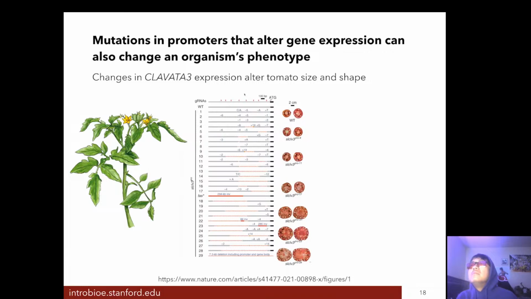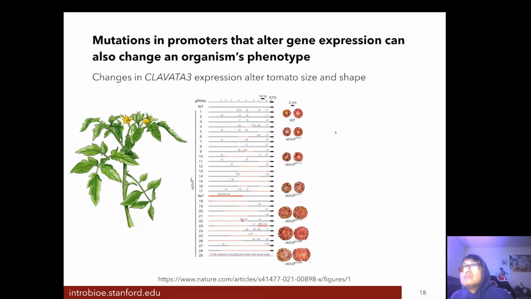So in the wild type, it's expressed pretty strongly. And then as you make more and more mutations, you reduce the amount of clavata3 and you get different phenotypes here. And so you can see the fruit locule number, and also the size of the fruit, changes as you change the expression of this gene.